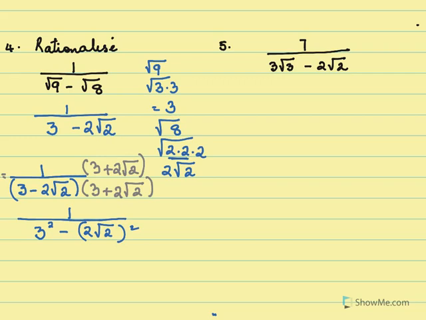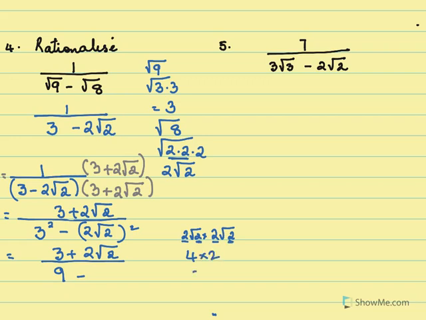And in the numerator, I will get 3 plus 2 root 2. So this is 3 plus 2 root 2 over 3 square is 9, and 2 root 2 into 2 root 2. 2 into 2, 4, root 2 into root 2, 2. So that would be 8. So this is 3 plus 2 root 2.